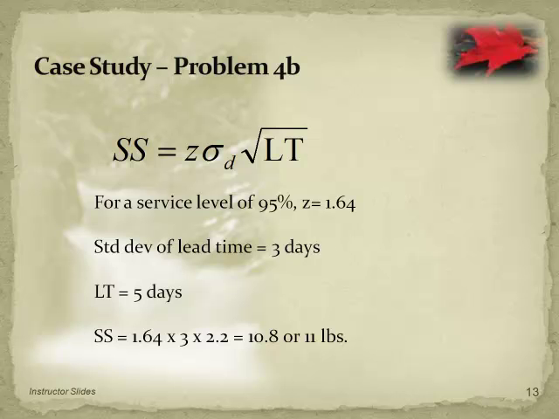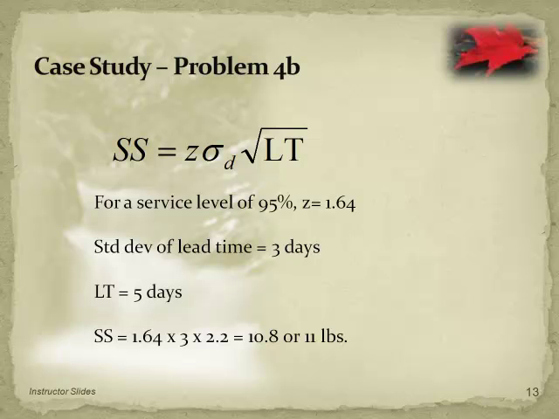The safety stock is shown in this formula here. It is the Z value represented by 95% times the standard deviation of the demand and then the square root of the lead time. Now there's a table in your textbook in this chapter where we can look up the Z value for different service levels.